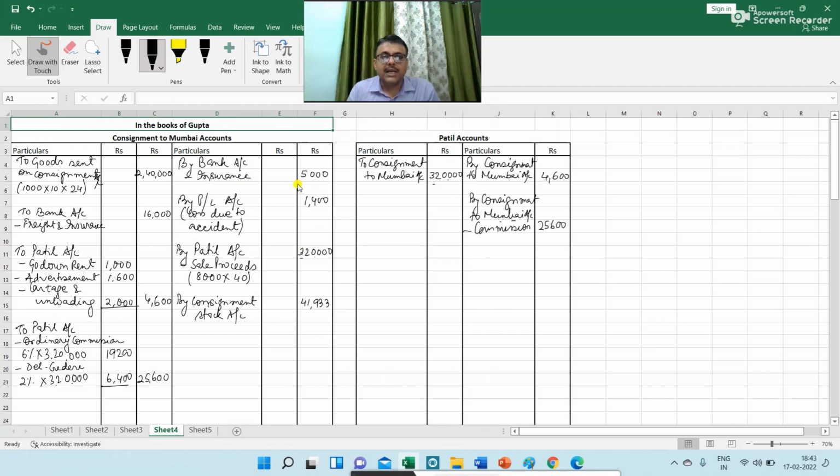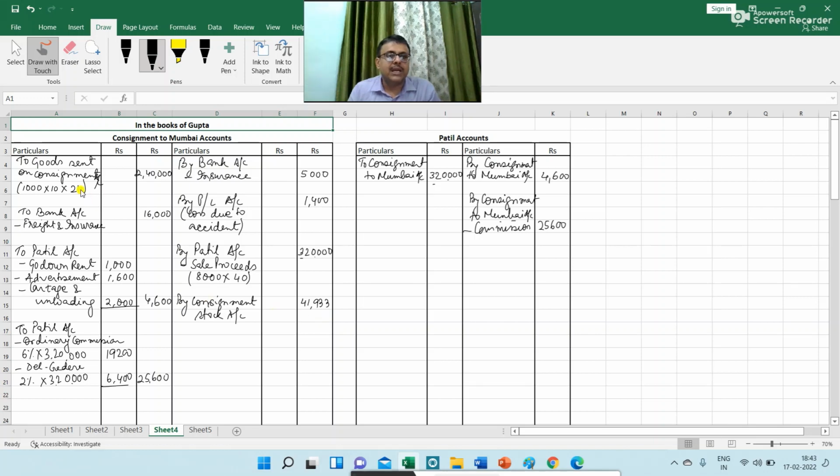So on the credit side, you have by bank insurance claim that was admitted by the insurance company, 5,000 rupees. Then the abnormal loss due to an accident is 1,400. Then the sale proceeds 3,20,000, and the value of the unsold stock is rupees 41,933.